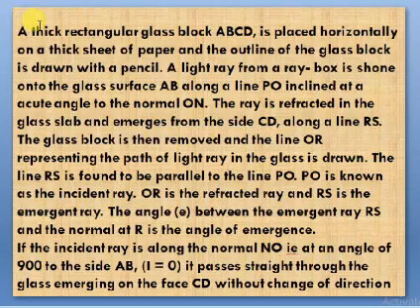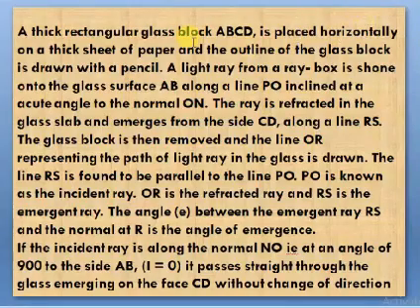We say that the thick rectangular glass block ABCD, as I've explained, is placed horizontally on a thick sheet of paper. Then you draw the outline. Then you use a ray box, or you can use your optical pin to place at the angle of incidence. If you're using your ray box, a light ray from a ray box is shone onto the glass surface.